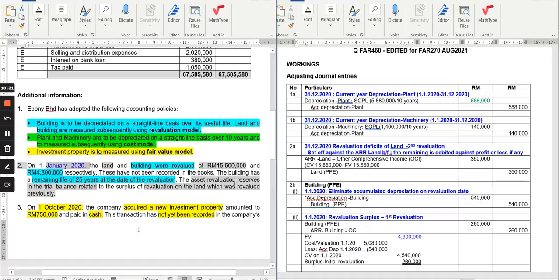For land, you would see that it has been informed here, the asset revaluation reserve. Asset revaluation reserve in the trial balance relates to the surplus on revaluation of the land that was previously revalued. So this is the second revaluation.